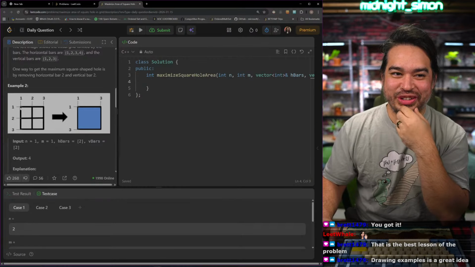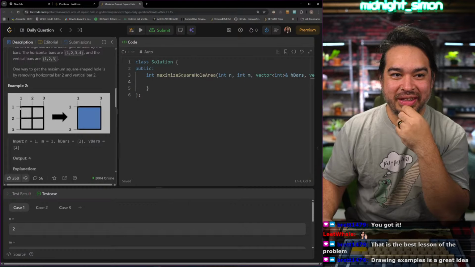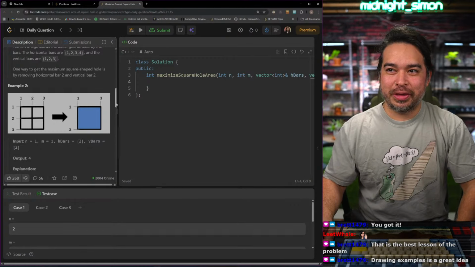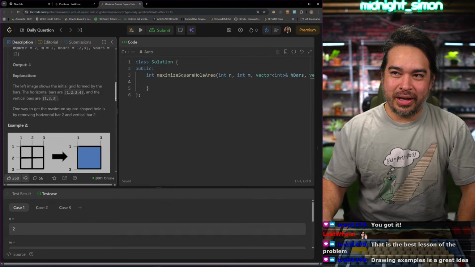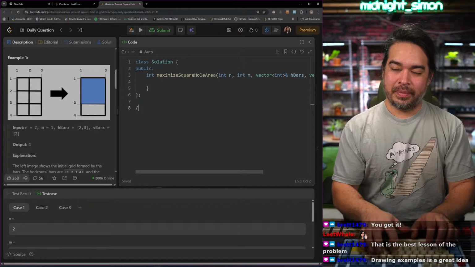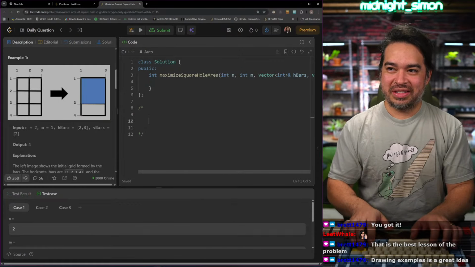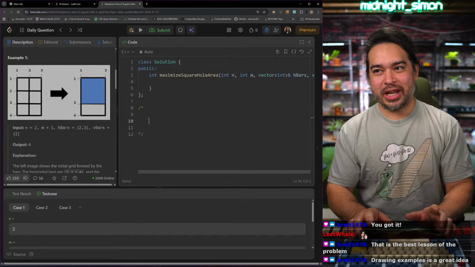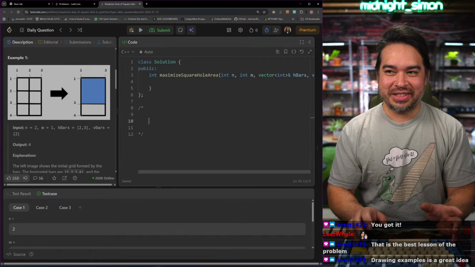Drawing examples is a great idea. Wait, that is the best lesson of the problem, yeah. I'm a bit stubborn with drawing stuff out. I've never really used a pen and paper for LeetCode. I always try and do it with ASCII, like drawings like this. But sometimes pen and paper is the best.